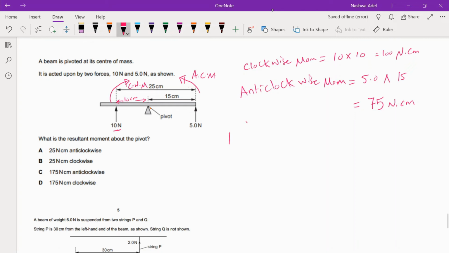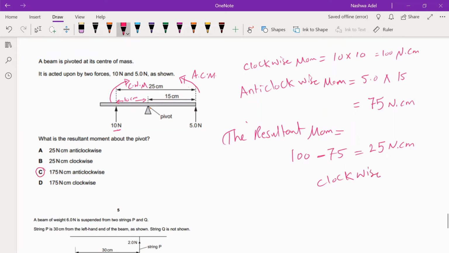So the resultant moment equals 100 minus 75. We get 25 Newton centimeter in the clockwise direction. So the answer here is C. Another example.